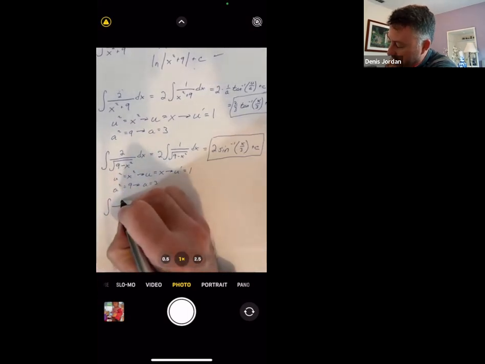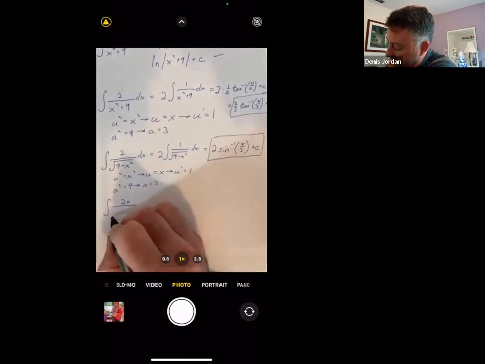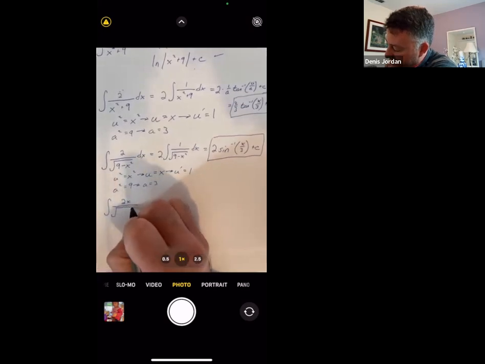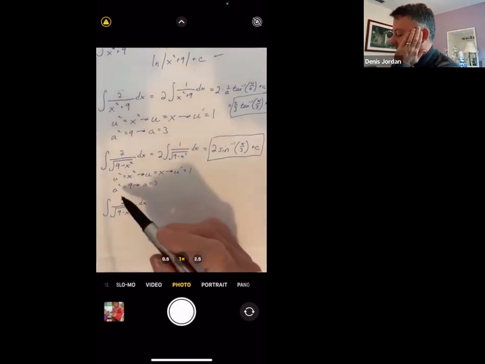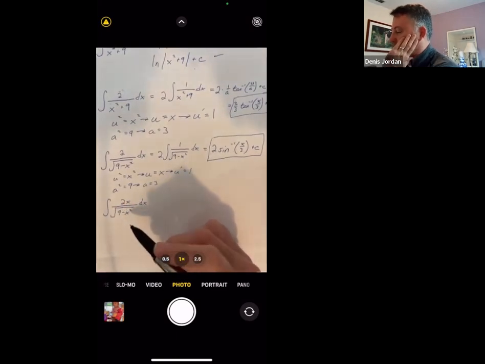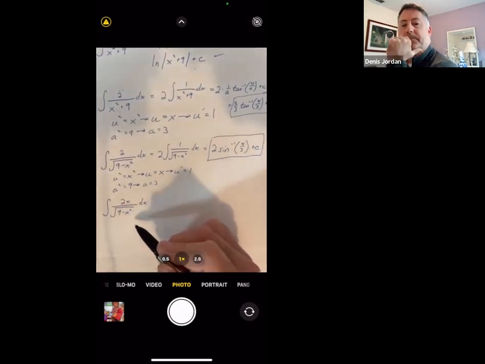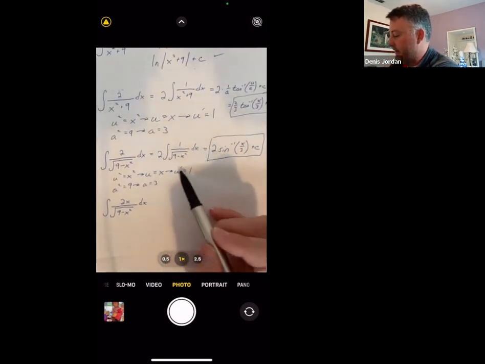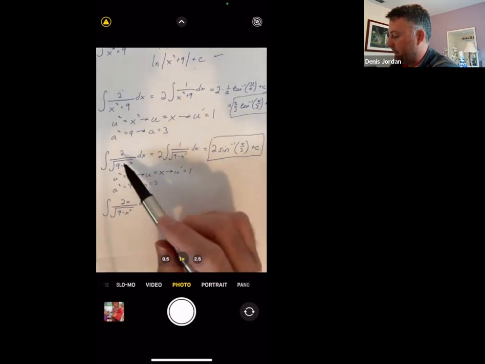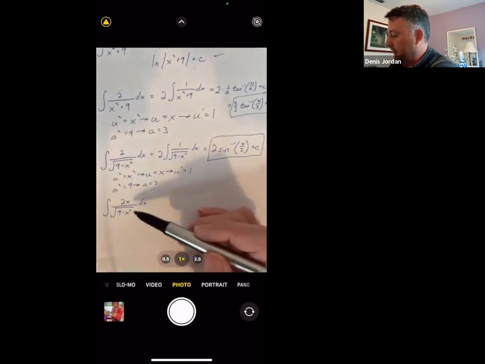Okay, let's take one more variation on those. So we'll stick the x back in there. So the 2x is back on top, and then it's over the root 9 minus x squared. So it's no longer going to be an inverse sine because it's not fitting that format, because now you have a variable up there.